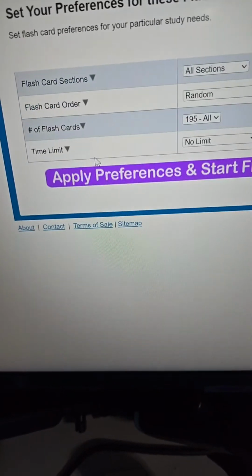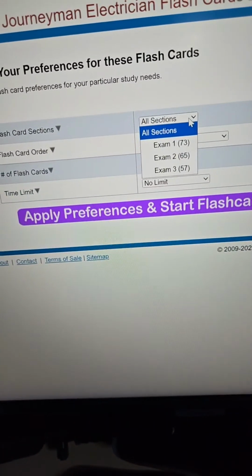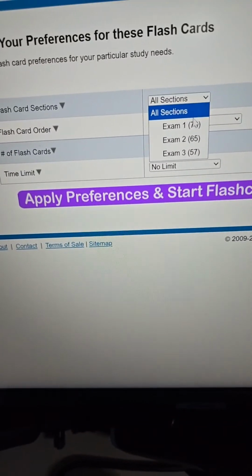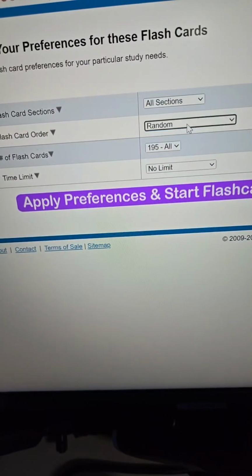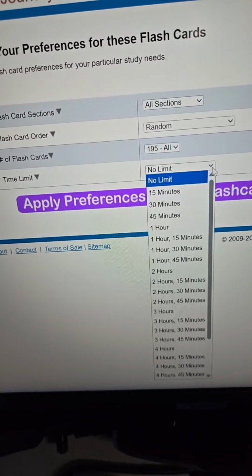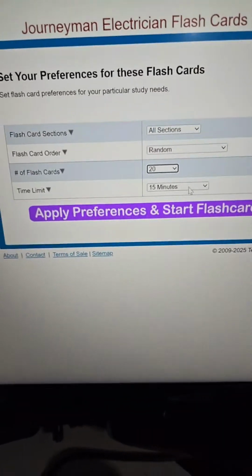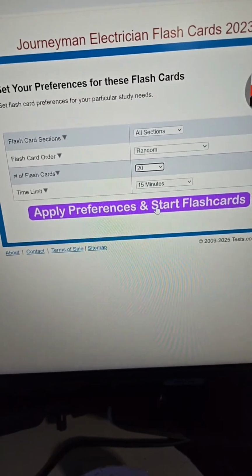We'll do the flashcards. The flashcards mean we need to know the answer. There is no multiple choice. This might be interesting. 15 minutes, 20 questions. Let's see what we know. It's all random. Here we go.